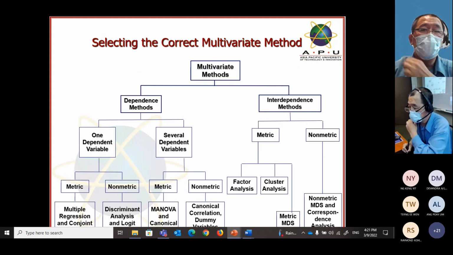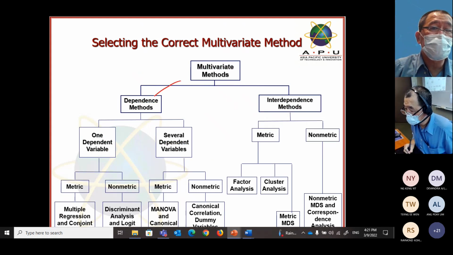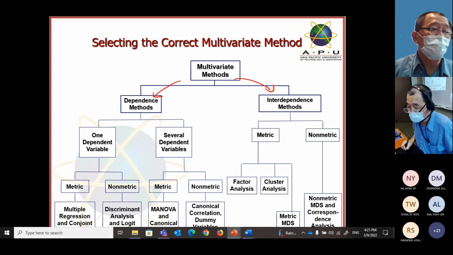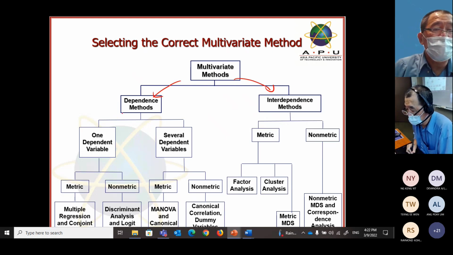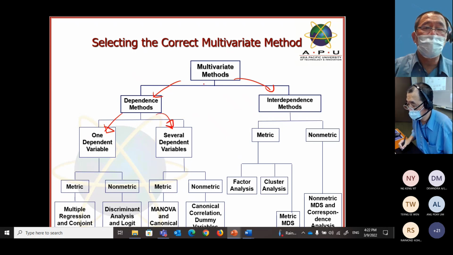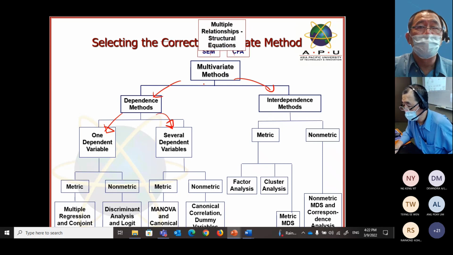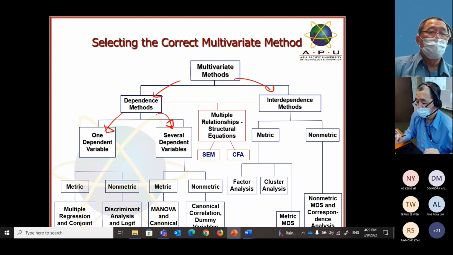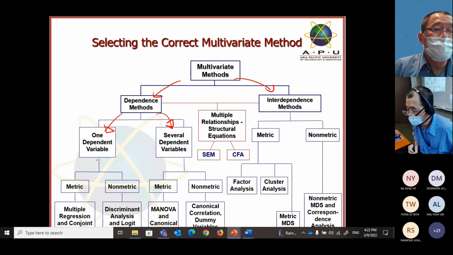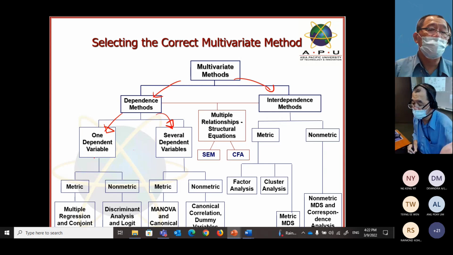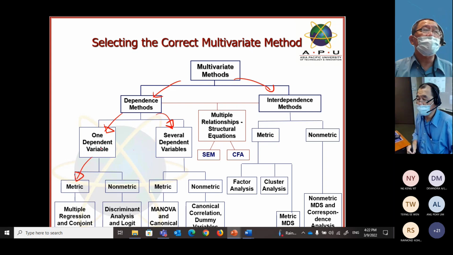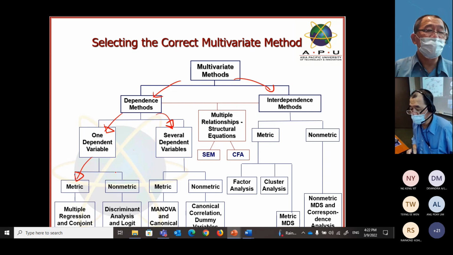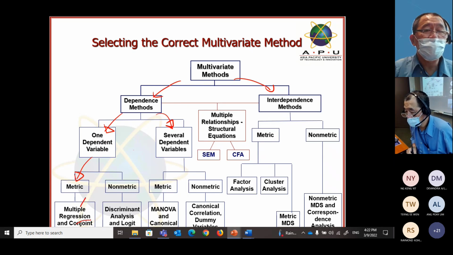So therefore, you got two main methods, dependence and also interdependence. There can be one dependent, or also a few dependent variables. You see the leftmost side. The dependent can be metric, therefore you can use multiple linear regression. Conjoint we're not going to focus on.